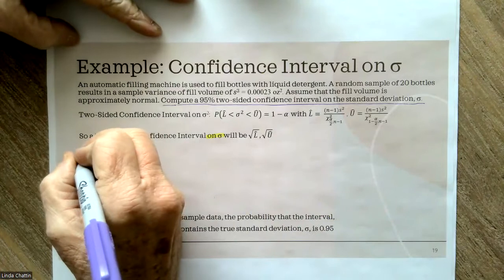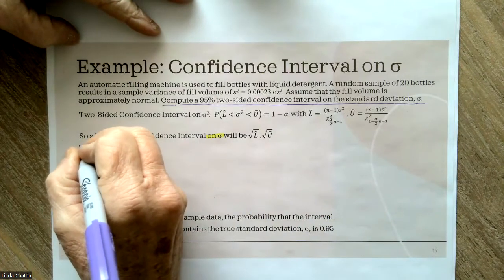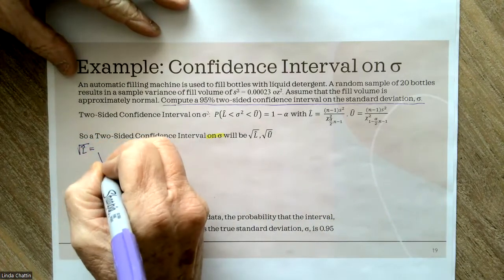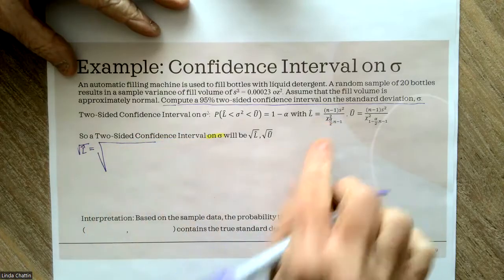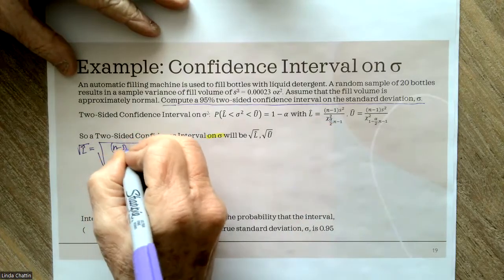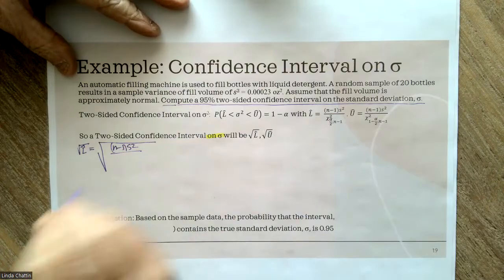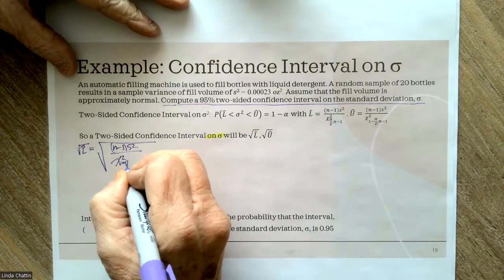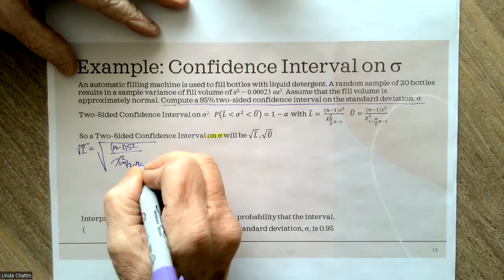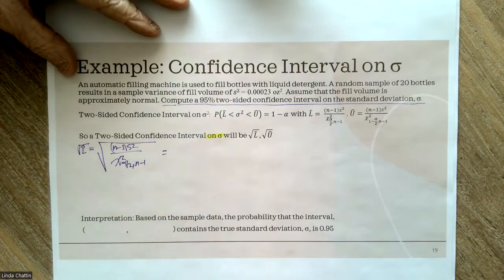So here, I'm going to take the square root of L hat: the square root of (n minus 1) s squared divided by chi square alpha over 2, n minus 1. So we have to find these values, right?